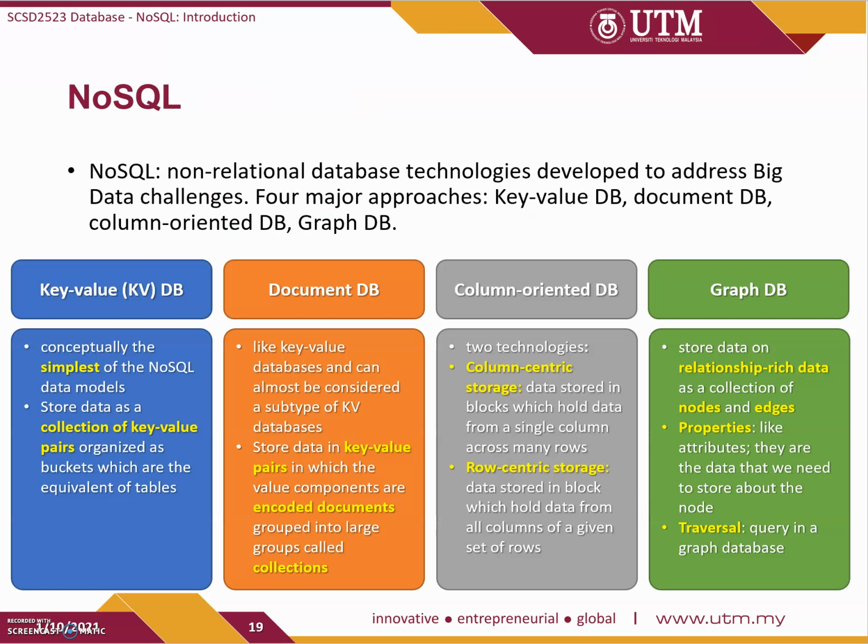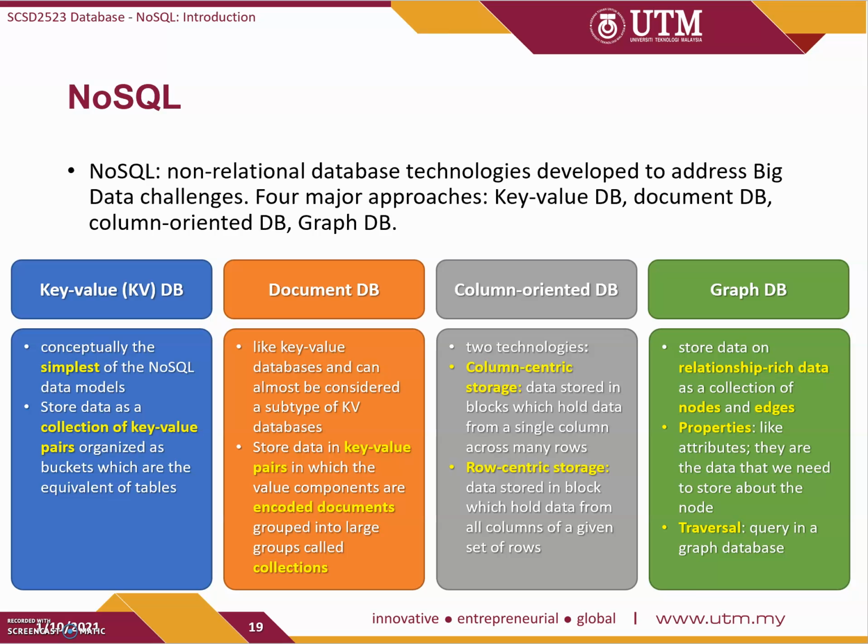So NoSQL is a non-relational database that is meant to address the big data challenges. Okay, so there are 4 major approaches, which are key value database, document database, column-oriented database, and also graph database. So you can basically choose which one is the most suitable whenever you want to do NoSQL database.